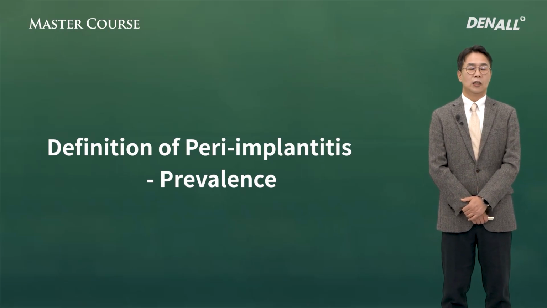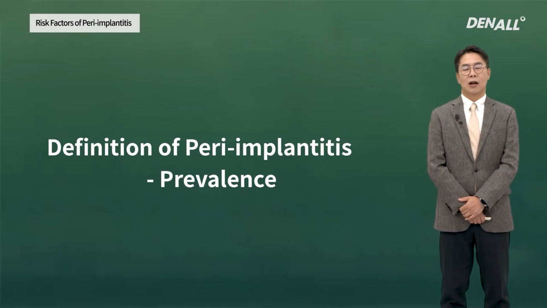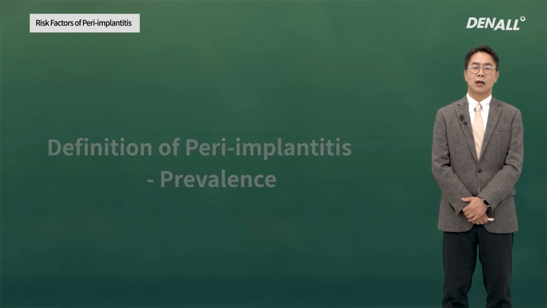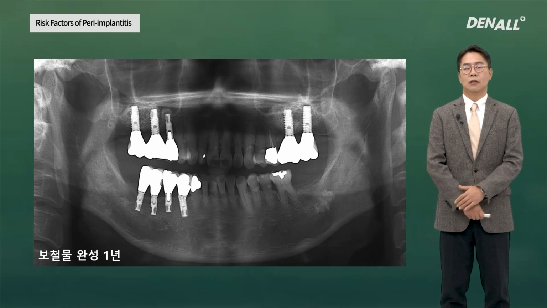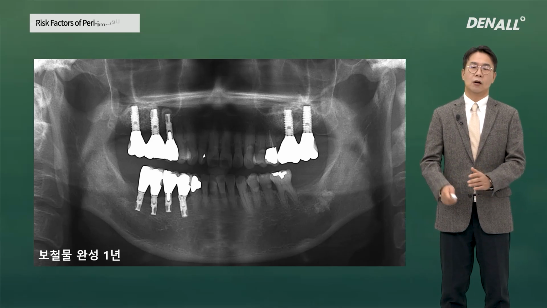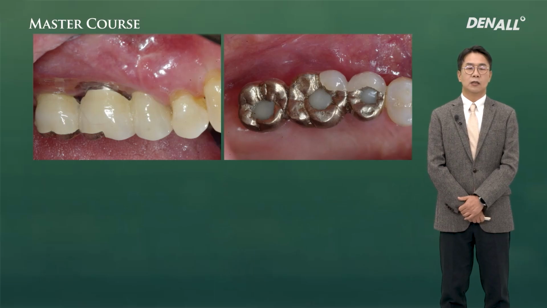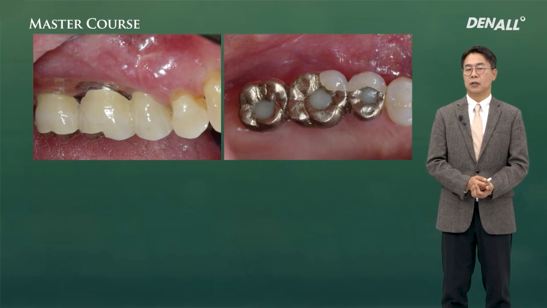Definition of peri-implantitis, along with the prevalence. Generally, after implant is placed, peri-implantitis is checked. After the placement, in the middle of the contour, there's a gingival recession, and you may think it's not a big deal.